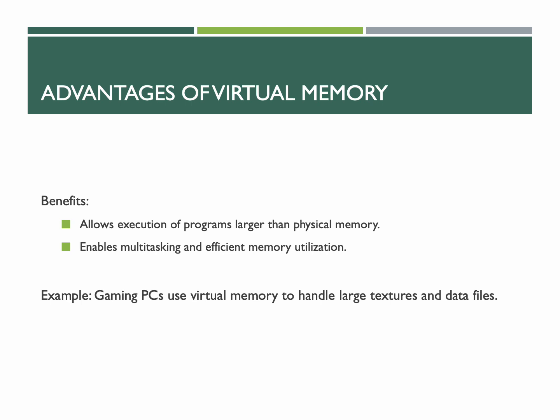If you take gaming PCs as an example, modern video games often use large textures and data files that exceed the physical RAM capacity. Virtual memory enables the system to handle these large resources by offloading less critical data to disk storage, allowing the game to run seamlessly.